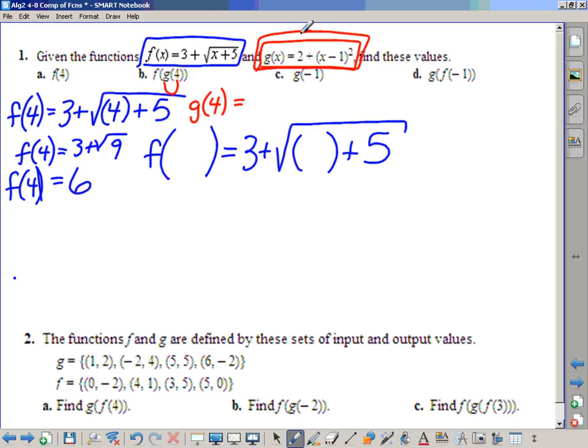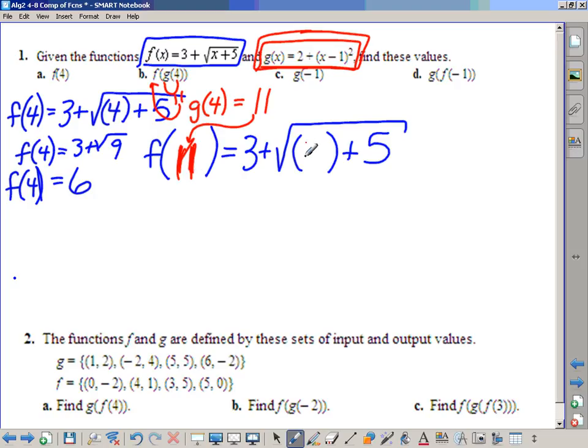Let's do that in our head. 4 minus 1 is 3. 3 squared is 9. 9 plus 2 is 11. What do you know? There's that 11 I just mentioned. That 11 is only a temporary answer. It now becomes our input that you put into f's equation. So g of 4 is 11. We now need to calculate f of 11.